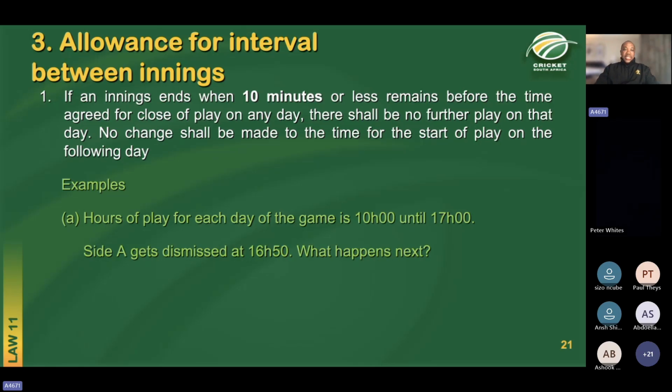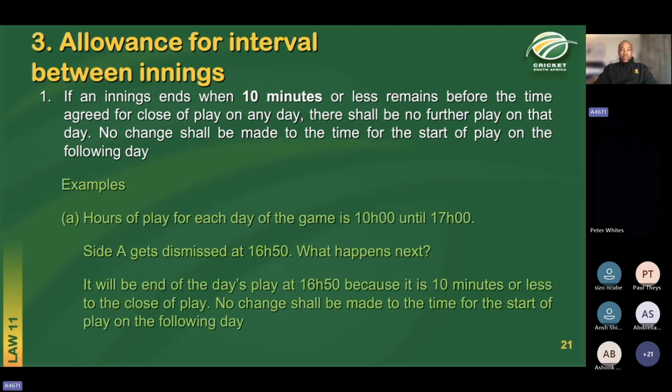This example says side A gets dismissed at 1650. What happens next? Does side B come into bat on that same day? No. It will be the end of the day's play at 1650 because it is 10 minutes or less to the close of play.